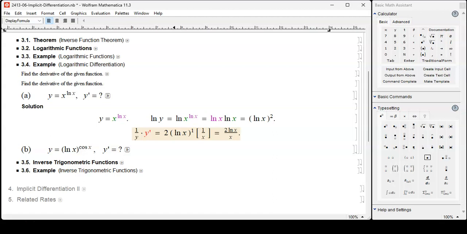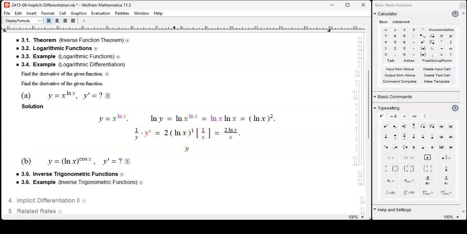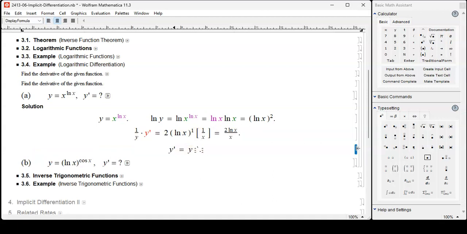Alright. Okay, alright, we're almost there. We want y prime, as highlighted in red. So flip this y to the other side and you'll get the answer. Y prime is equal to y times 2 log of x over x.